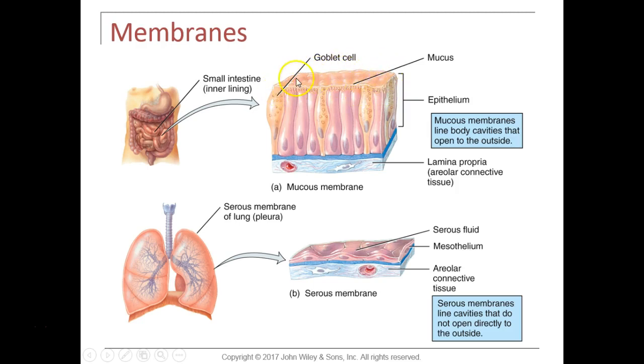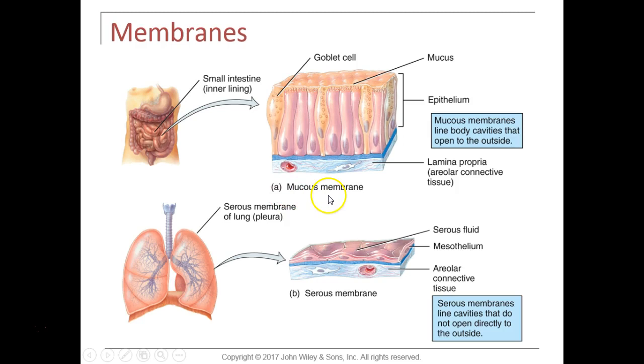So these types of membranes, like in the respiratory system, notice I said inside the respiratory system, and inside the digestive system, and lining the reproductive system, and the tubes of the urinary system, we have mucous membranes.